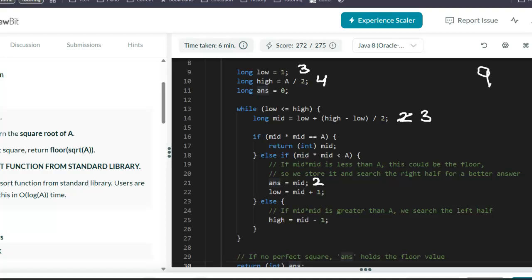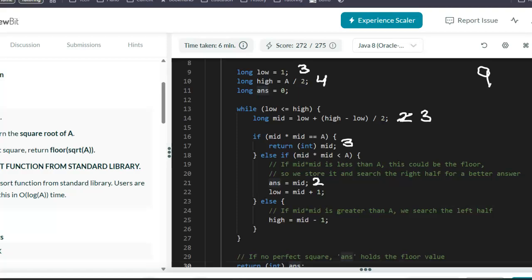Yes. Okay, so then we return it right here. But the point is that the first answer that we got is, as far as we know, a possible answer. But we have to keep going until we either find an answer or until the binary search ends and we have converged on the right answer.